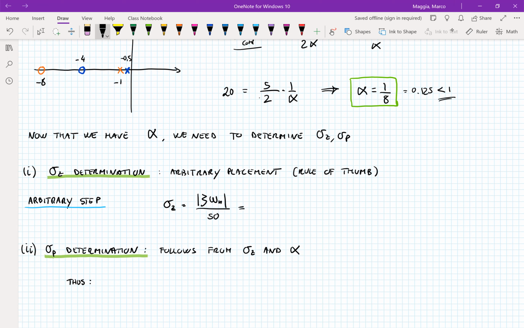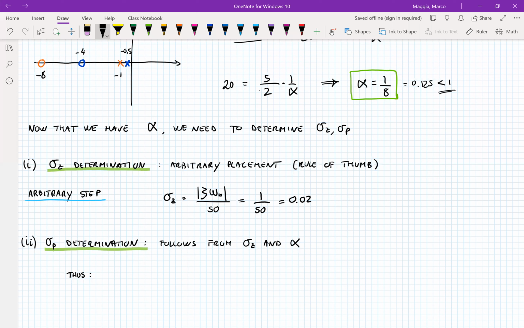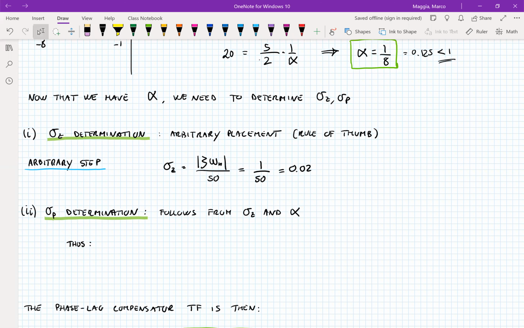All right, so in this case, zeta times omega n was equal to 1. So we have 1 over 50, that is 0.02. And so we have automatically the position of the zero. The zero is going to be at minus 0.02. So once we have the zero, the pole location follows suit, because sigma p is equal to alpha times sigma z.